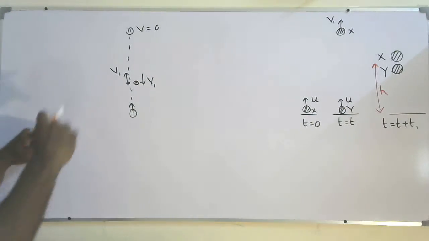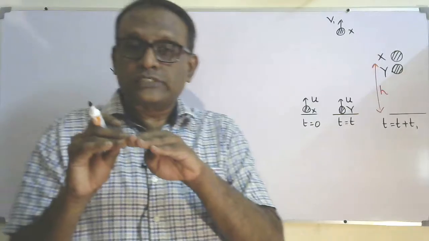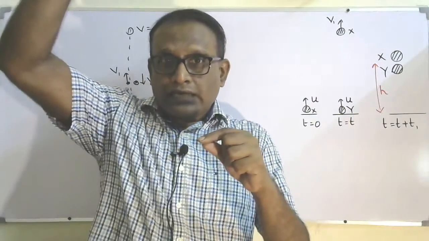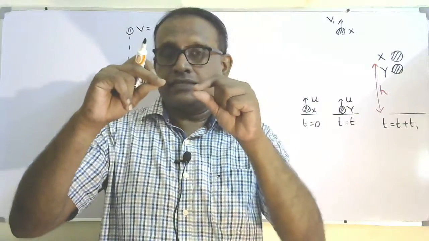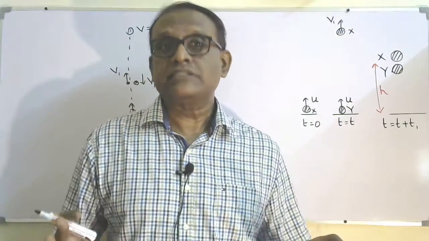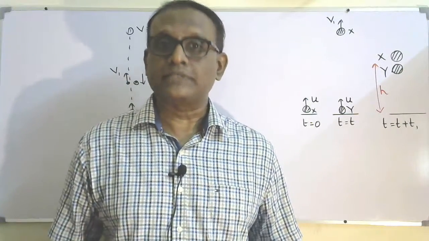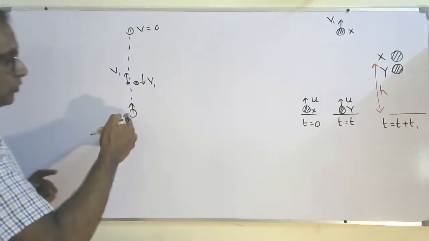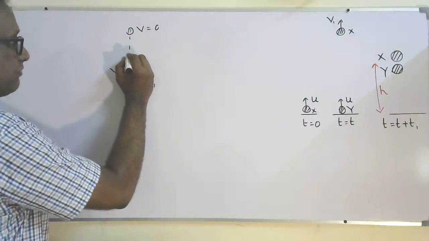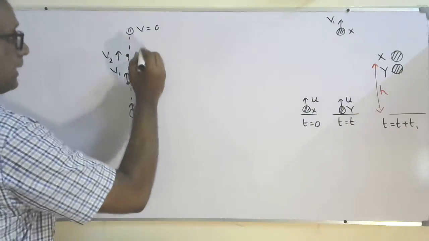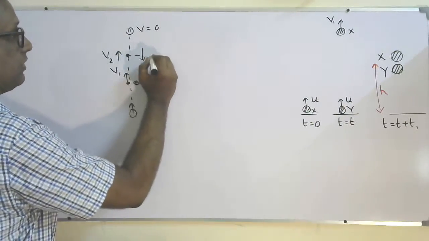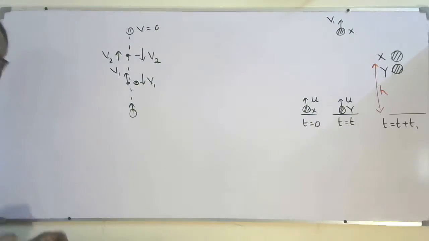So when an object projected vertically upwards comes back to the same position as earlier, it will have the same speed, but the directions will be opposite to each other. Same way when the ball was moving up, when it is here, if the speed is vertically upwards v2, when it comes back to the same level, the speed will be downwards v2. So I'm going to use that idea.